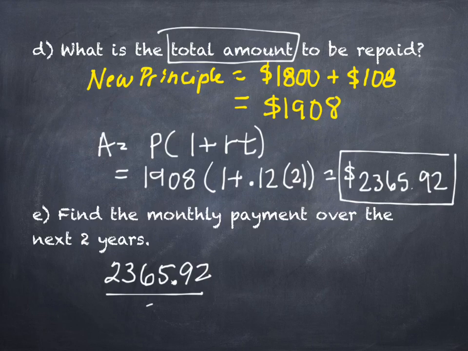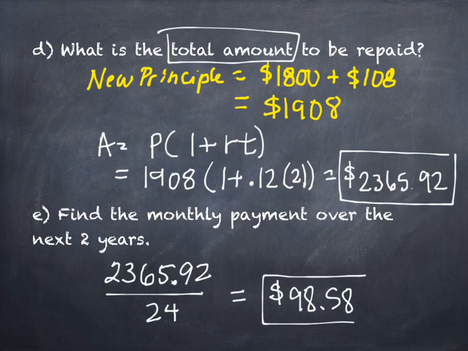Be careful because it's really easy to not take into consideration either the fact that 12 months are in a year or that you've got 2 years going on. I see sometimes people dividing this by 12. Remember, we're doing this particular case over 2 years, so we need 24. All right, so what does this end up being? 98 what? 58? Okay, thanks, Montana. 58. All right, so almost $100 a month we're going to pay.